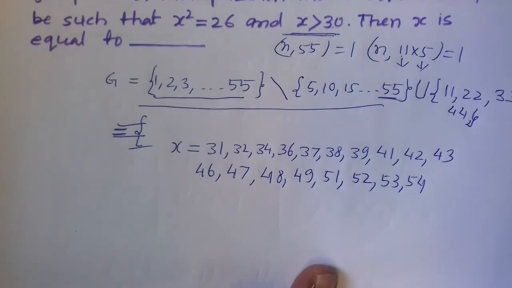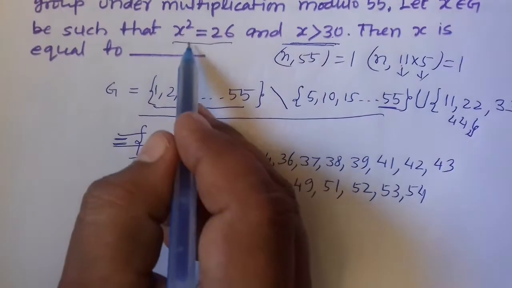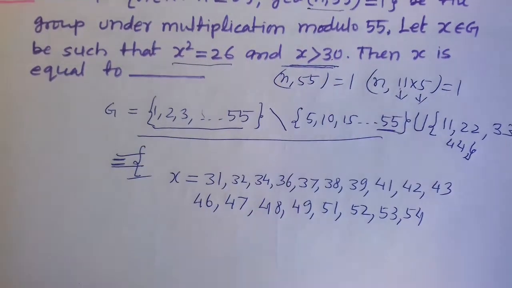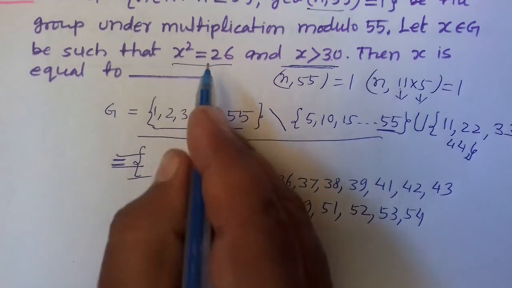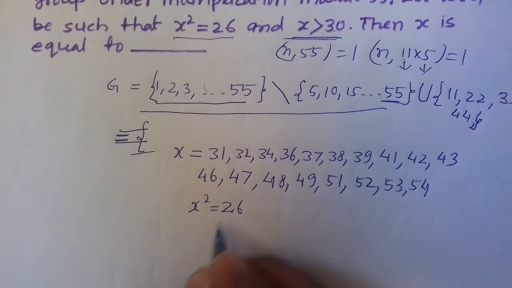So we have to find, here this group is mod 55, and we have to find those x which satisfy this relation x square equals to 26.